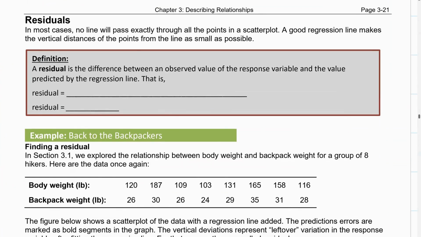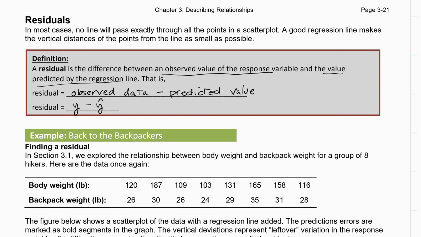Okay, so we would say that this error is called the residual, and it's the difference between the observed data and the value predicted by the model. Yep, the residual is the difference between the observed data, a real data value, and the predicted value. Okay, in symbols, the residual is y, a real data value, minus y hat, a predicted data value.